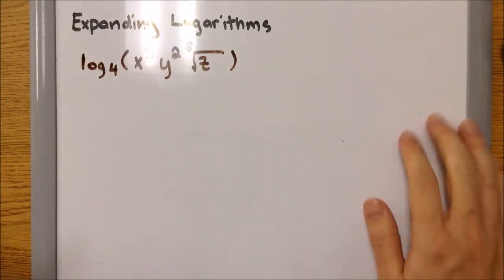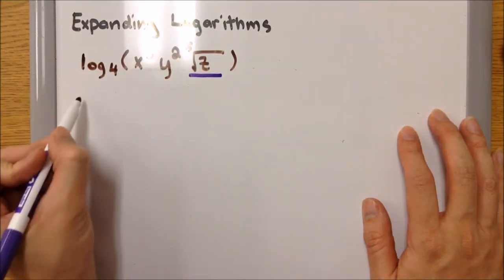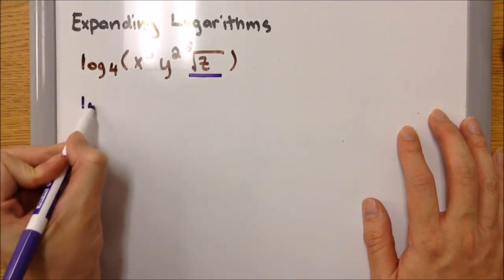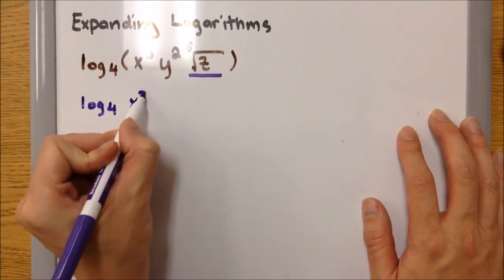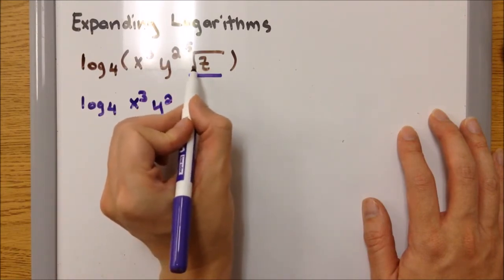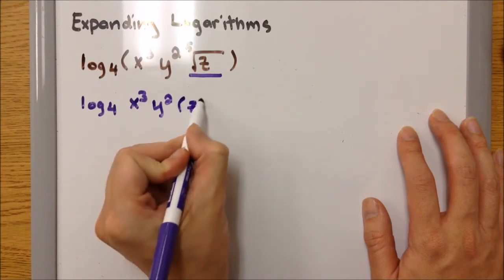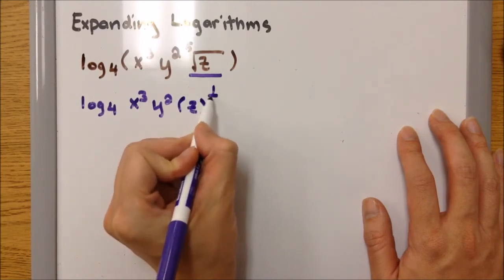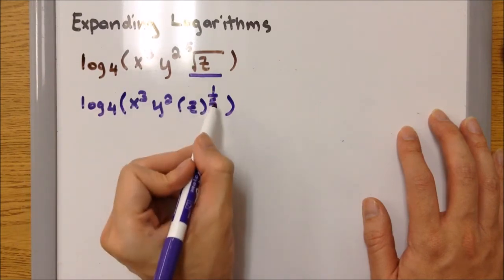So the only thing I'm changing is this part right here. So everything will be the same. So log base 4 of x to the 3rd y squared, and again I'm changing the 5th root of z to z to the 1/5 power.